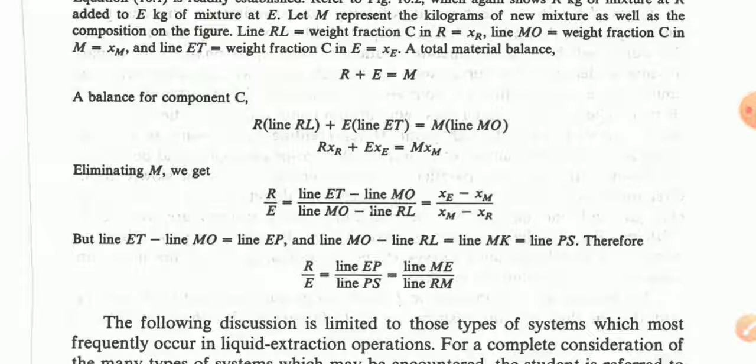But line ET minus line MO is equal to line EP, and line MO minus line RL is equal to line MK, which is equal to line PS. Therefore R by E is equal to line EP by line PS, which is equal to line ME by line RM.